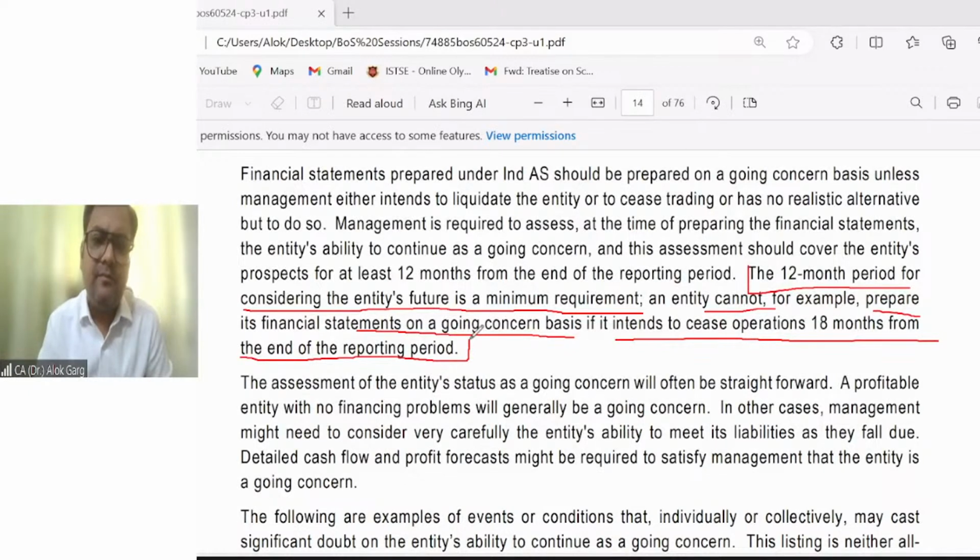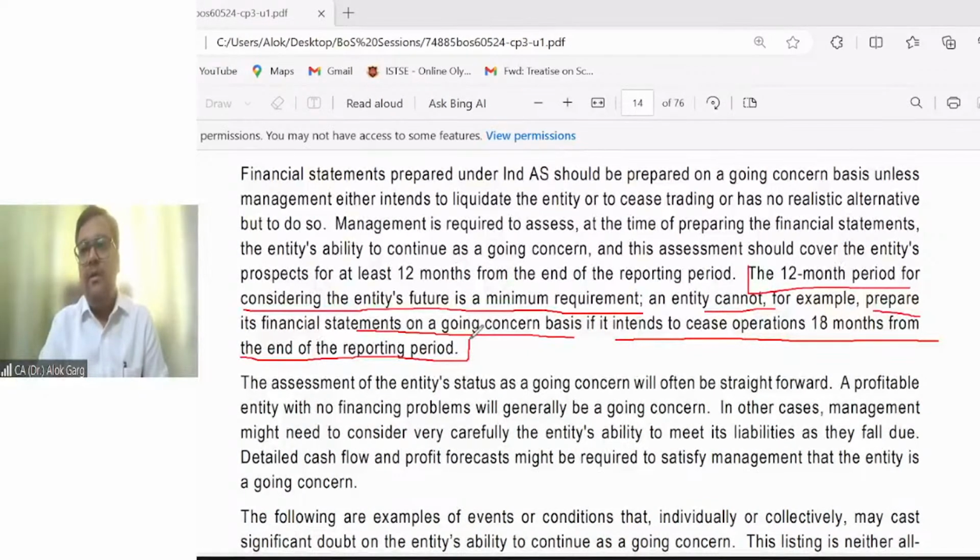What does it say? Friends, let's say you are preparing your financial statements, and I am just asking you from common sense. While preparing the financial statements, you have to see the going concern situation, that you have to prepare your financial statements on a going concern basis.